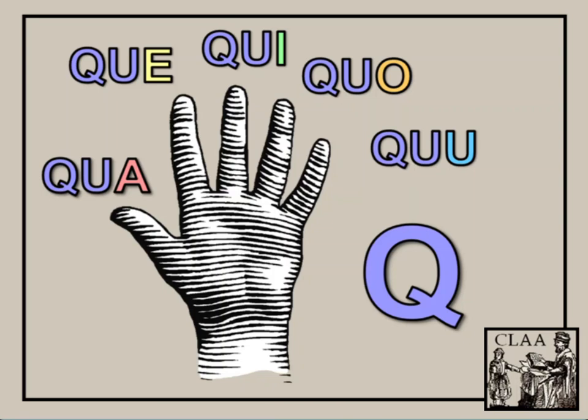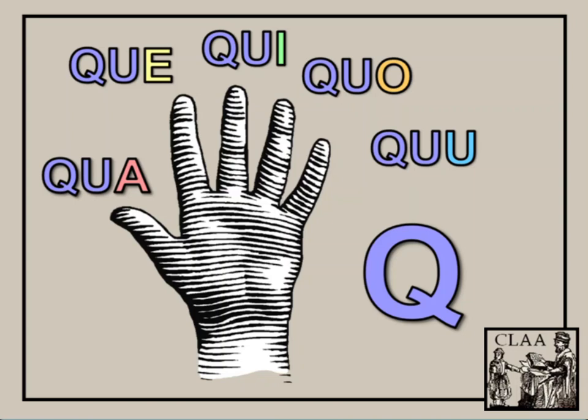Spell for me the syllable kuo, kuo. You should have spelled ku, u, o, kuo. Spell the syllable kue, kue.